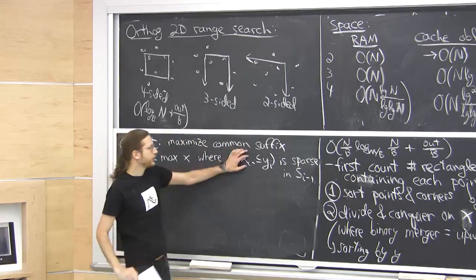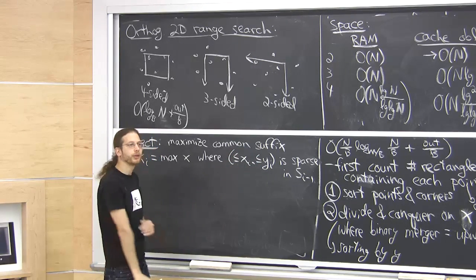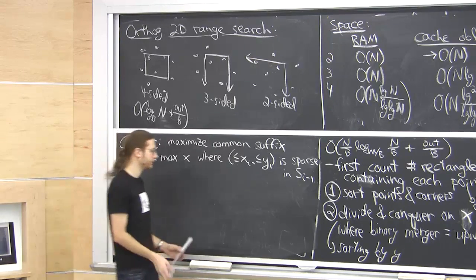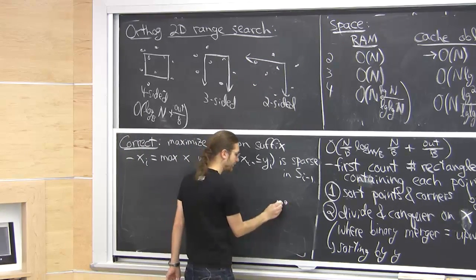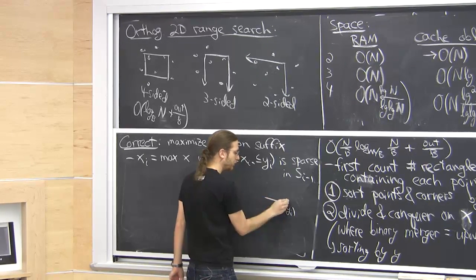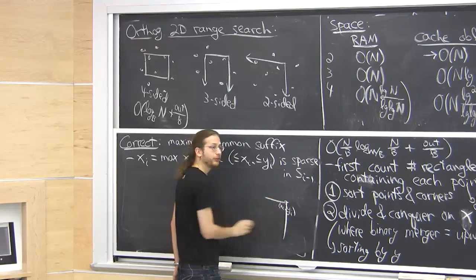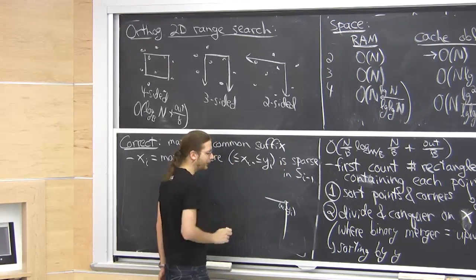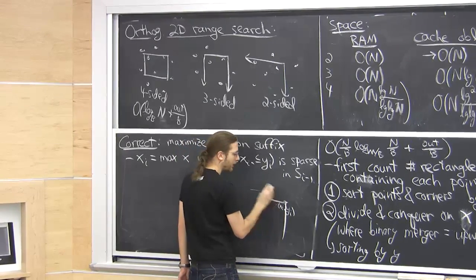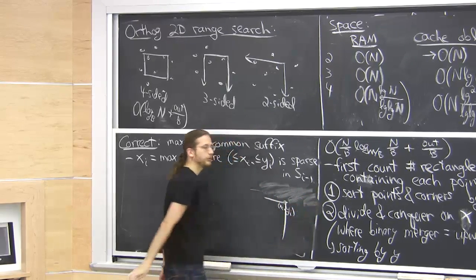We know there's something we can put in here that makes yi sparse. So look at the largest possible such x. So we have this new point. It's not an actual point in our problem, but it's a query, xi, yi. And it's sparse, it's bad. We know that any query up here is dense.